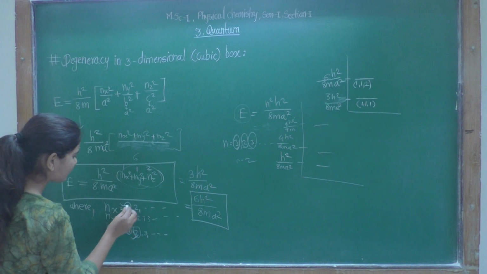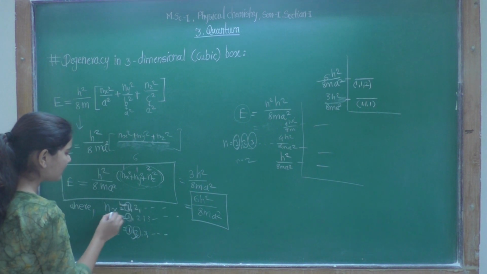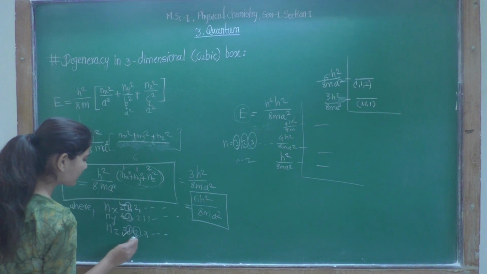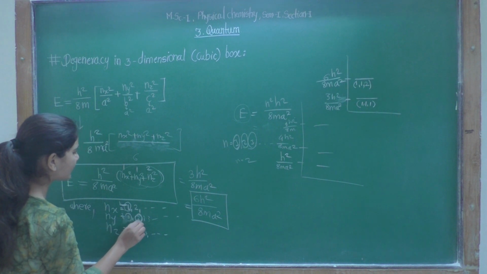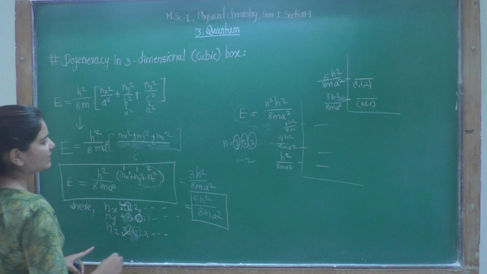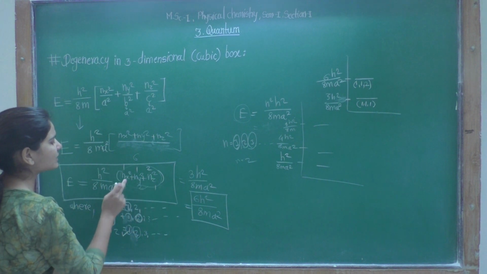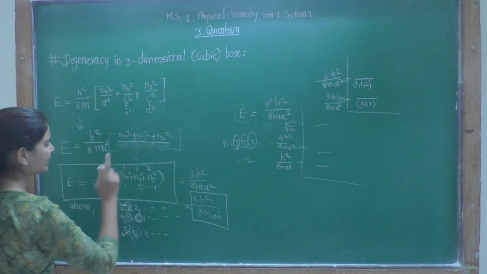Now we can say that nx is 1, nz is 1 while ny is 2. If we consider ny is 2, then also we will get 1, 2, 1, and again we will get 6: 1 square plus 2 square plus 1 square, 6h square upon 8ma square.